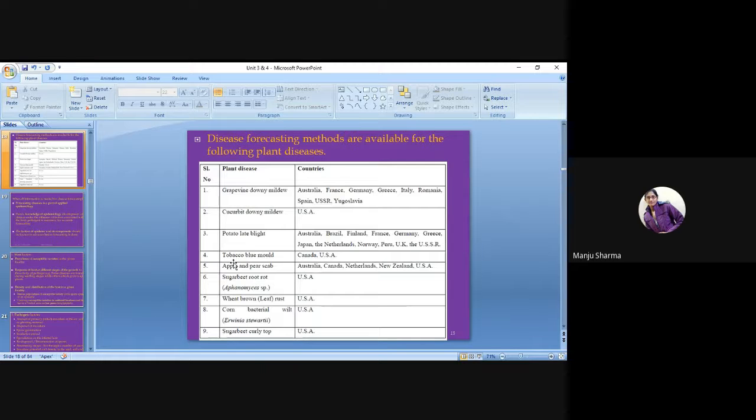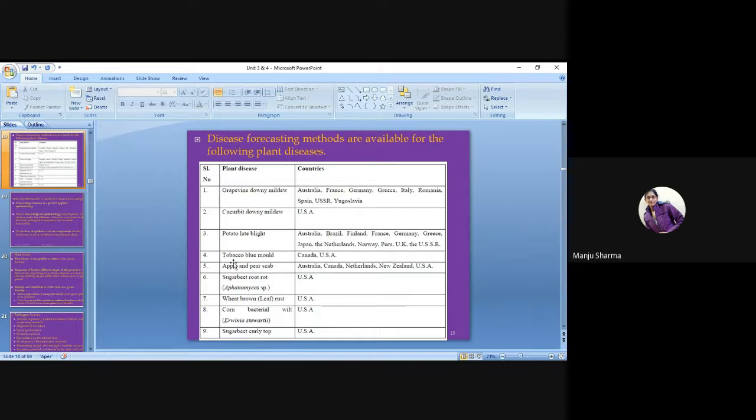Disease forecasting methods are available for various plant diseases. First are the plant diseases and countries. Grapevine downy mildew disease in Australia, France, Germany, Greece, Italy, Romania, Spain, USSR and Yugoslavia.